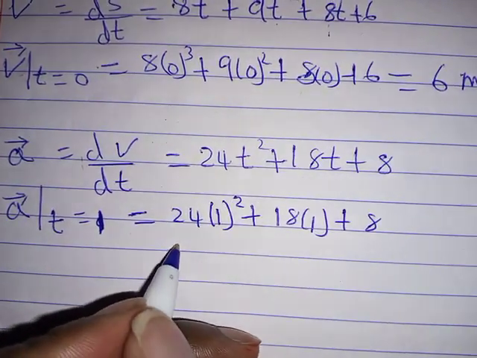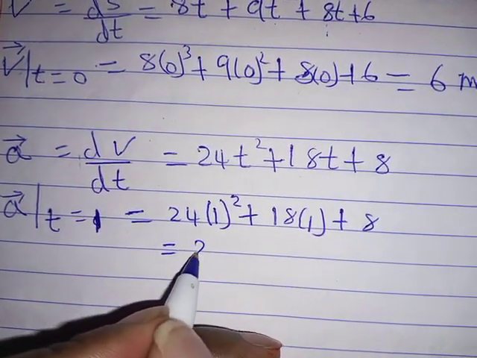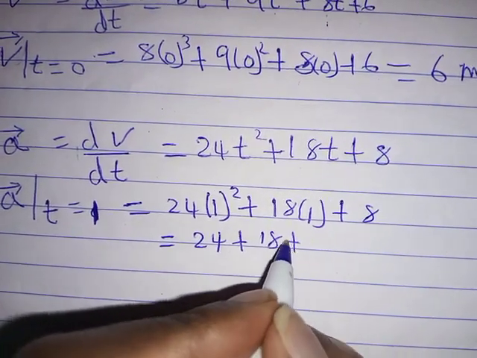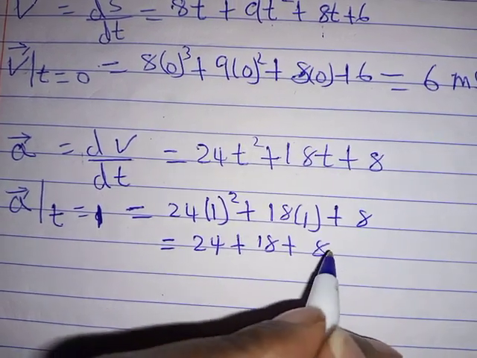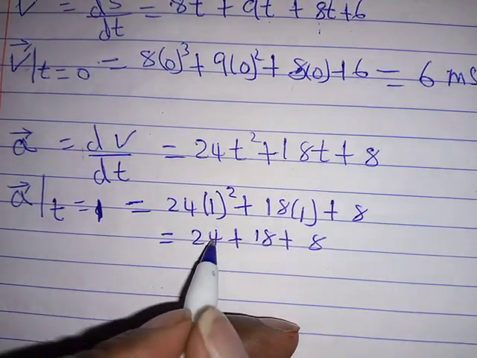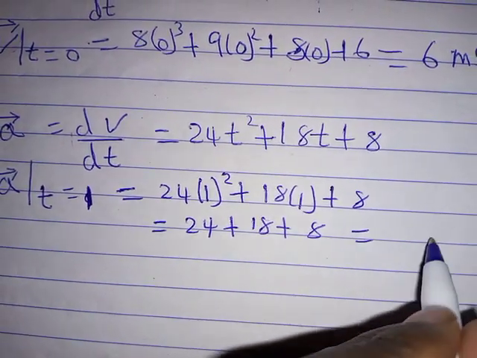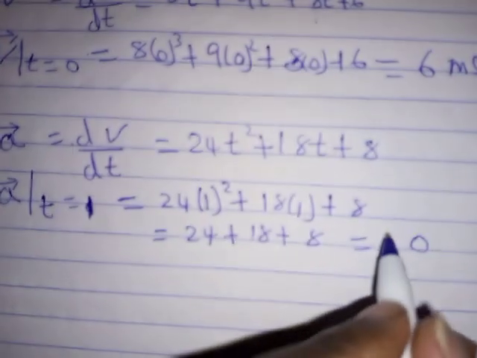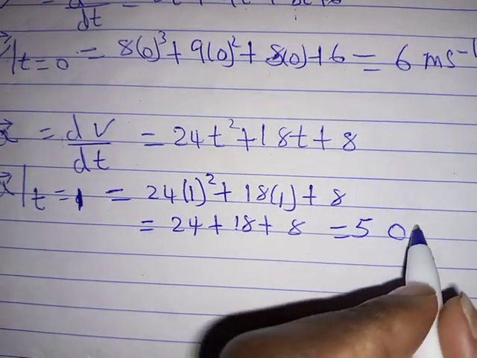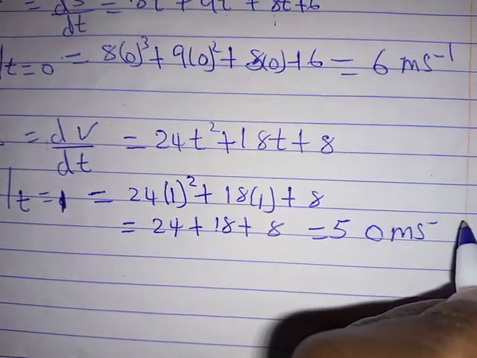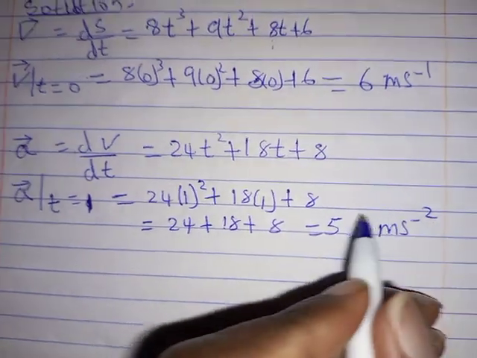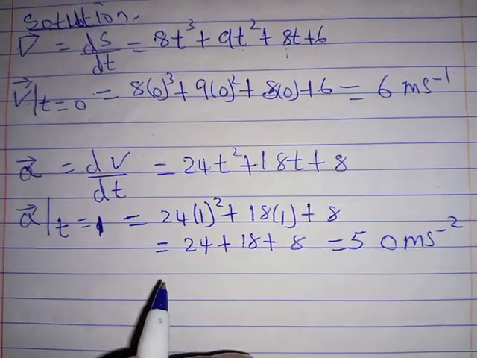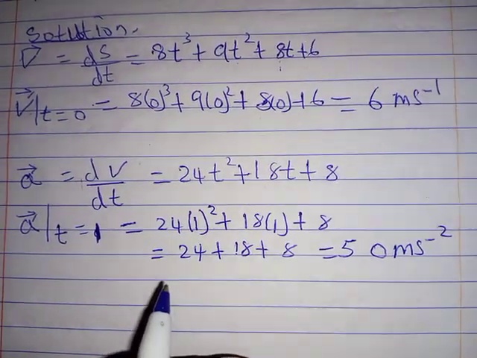So 1 squared is 1, 24 times 1 is 24, plus 18 times 1 is 18, plus 8. So you have 8 plus 8, which is 16, plus 4, 20, carry 2, 3, 5: 54 meters per square second. So that will be our acceleration.